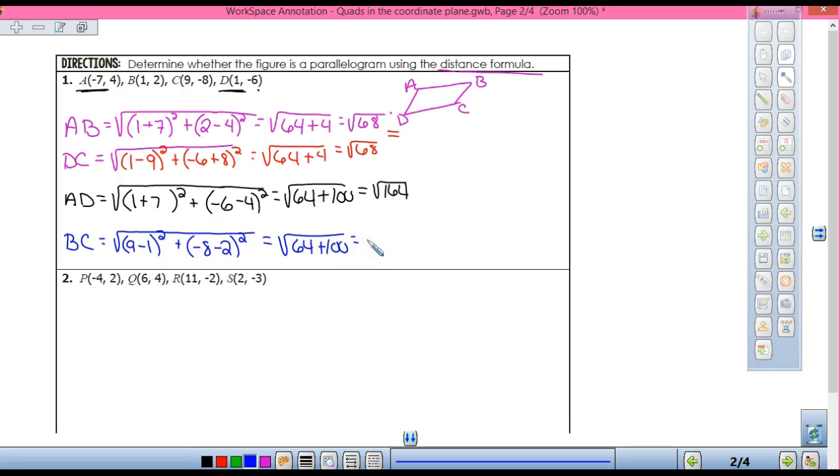And I get the square root of 164, right? So are those two sides congruent? Yep. So is it a parallelogram? So I can say yes.